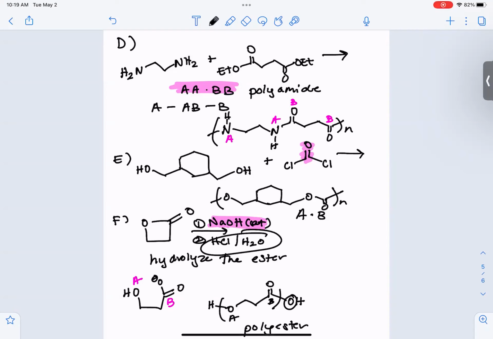So it's that A reactive unit on one molecule and the B reactive unit on the other molecule. All right, so that's one problem. You have three types of chain growth reactions that you need to know, and then you have these step growth ones.